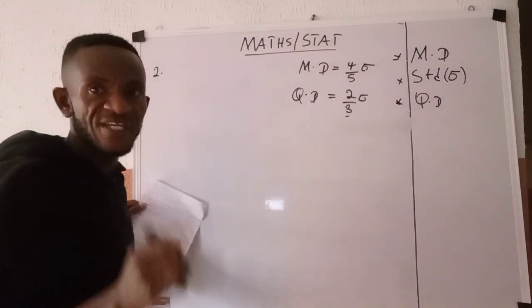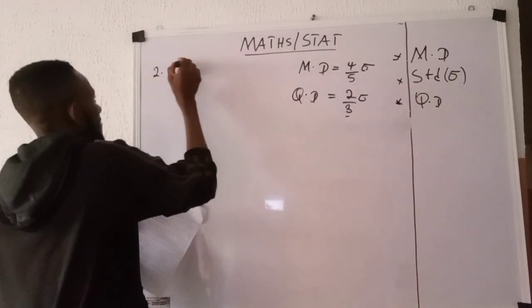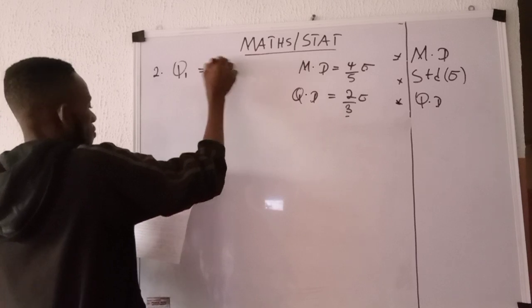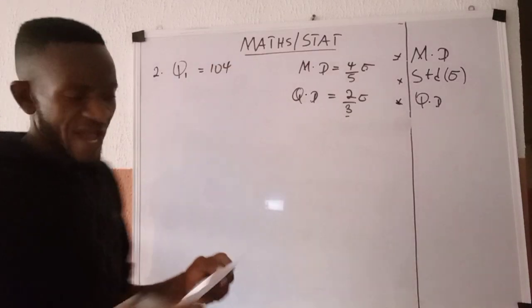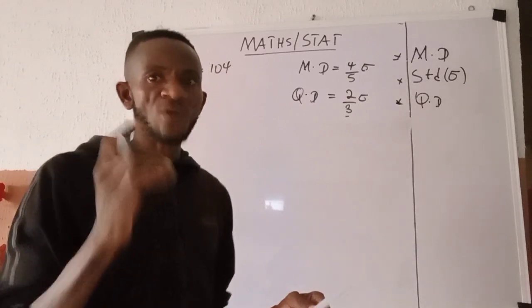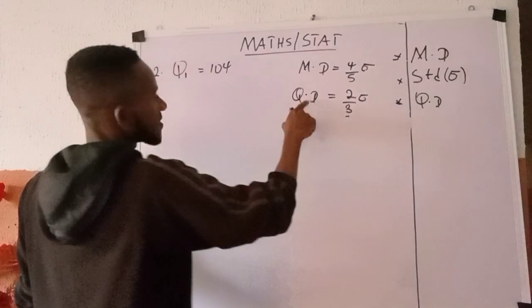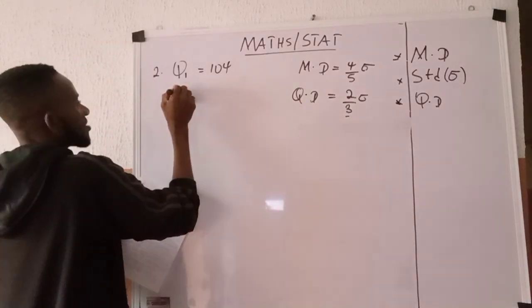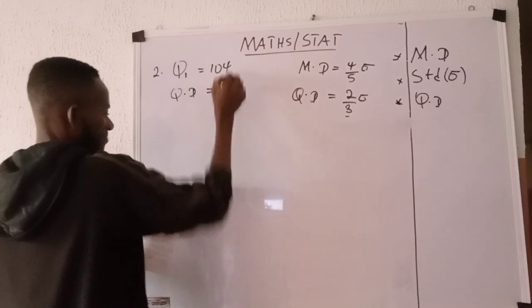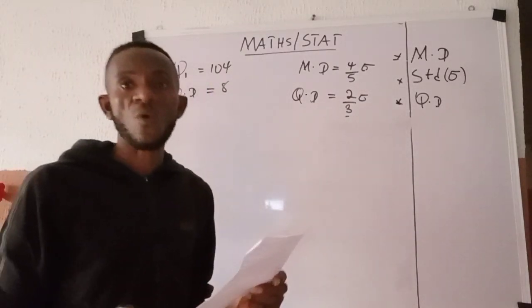I am going to represent that first quartile with Q subscript 1, so Q1 is given as 104. And the quartile deviation is 8, that is, QD equals 8. They say, find the third quartile.